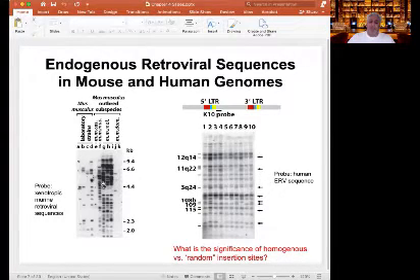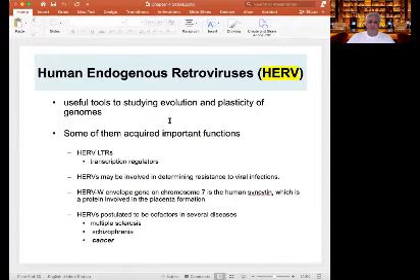And if you don't understand that, don't look at the data until you're confident that you can predict and explain to somebody else what this legend on each side means. That's a great way then to be able to interpret the data. So these human endogenous retroviruses are very useful for studying evolution, not just in humans, but other related species. How manipulated the genomes of these particular species have become.